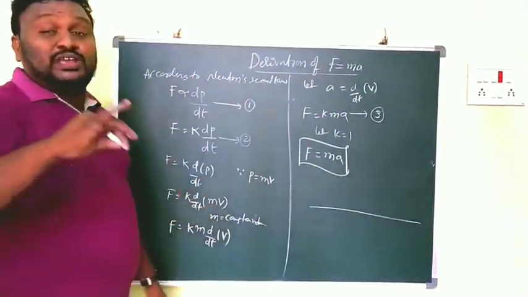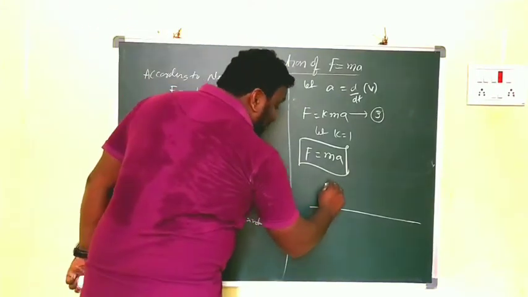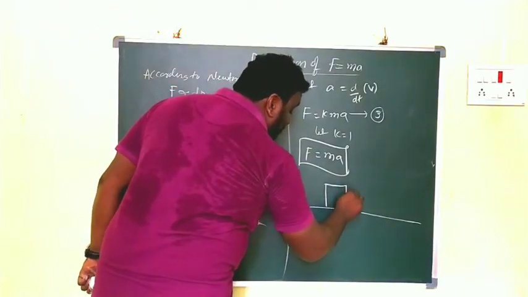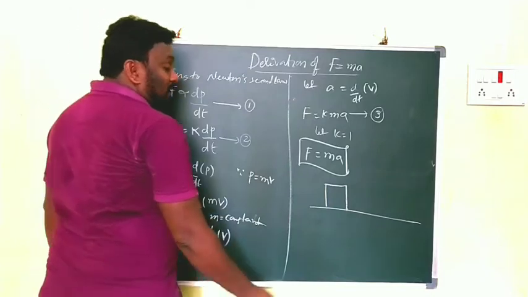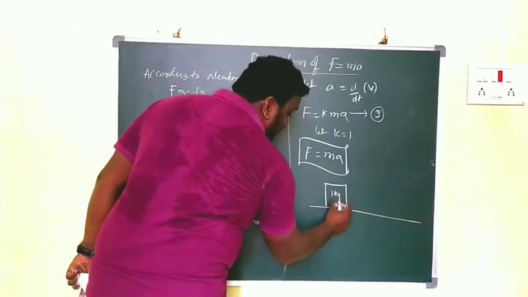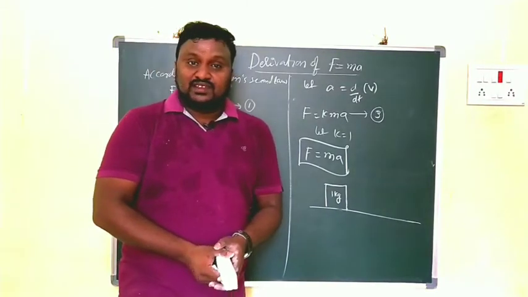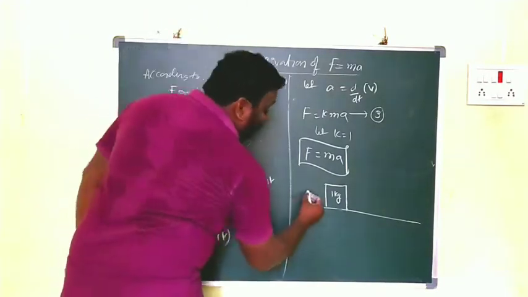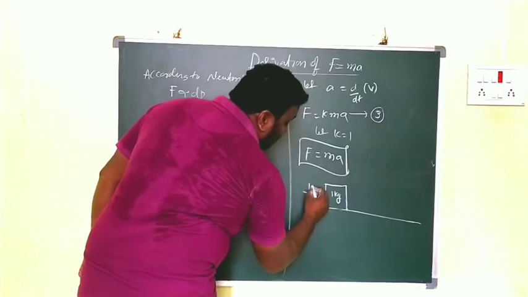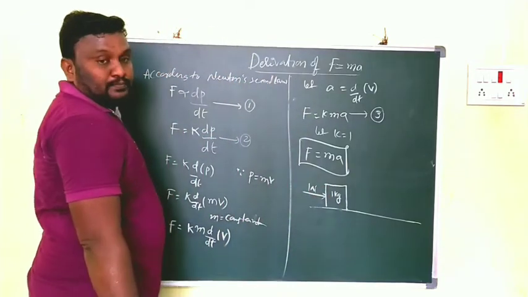When the k value is equal to 1, we take a block of mass 1 kg. On that block we apply some force, F is equal to 1 newton.